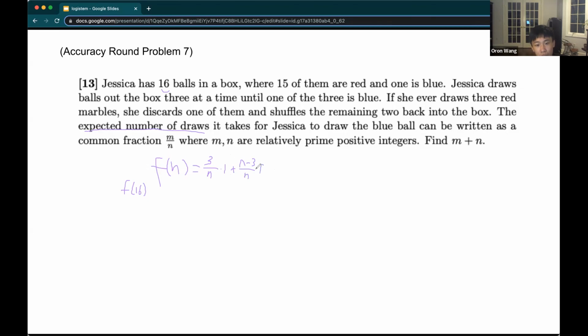And now it's the same problem again, but with f of n minus 1. And we've already used up one draw on that, so we need to add another +1 to that for the expected number of draws. We can simplify this to f of n equals 1 plus n minus 3 over n times f of n minus 1.